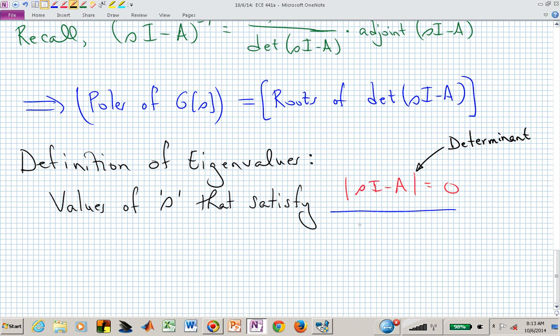This particular expression, that determinant set equal to 0, we might refer to as the characteristic equation.